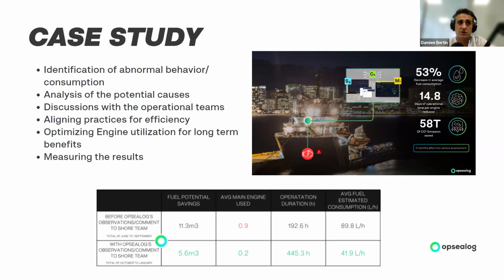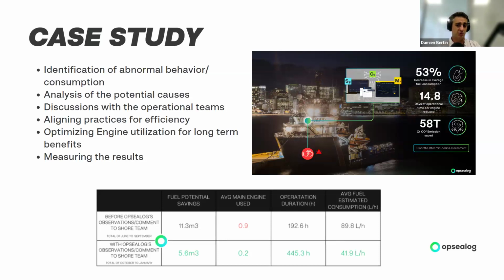That means, in other words, that together with this customer we achieved fuel savings of around half of the quantity that was burned before. You can see that in the estimated fuel consumption in liters per hour: before we got started, almost 90 liters per hour. After the implementation was in place, just above 41 liters per hour.